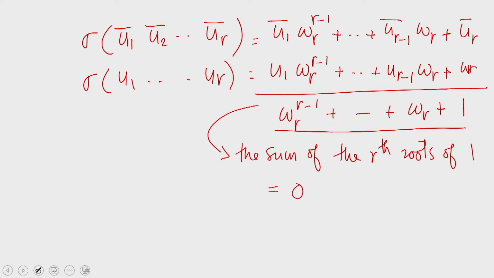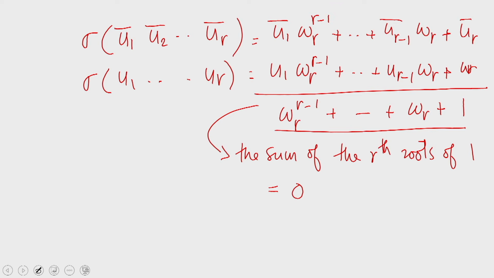What it means is that the bitwise complement of a vertex u gets mapped to the additive inverse of sigma of u. In other words, if sigma of u happens to be below the real line, then sigma of u bar happens to be above the real line, and vice versa. Therefore, the number of nodes that are below the real line is equal to the number of nodes that are above the real line.